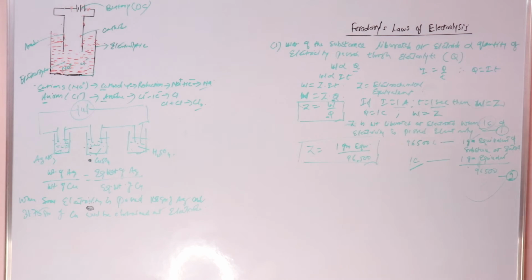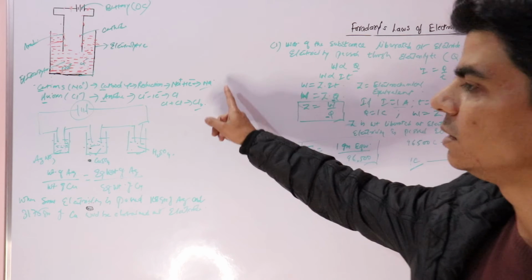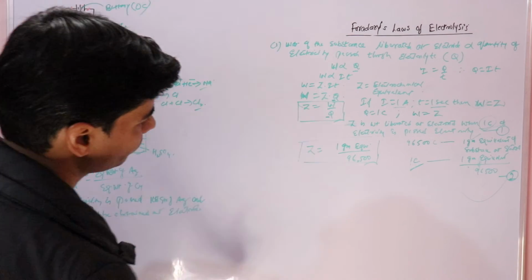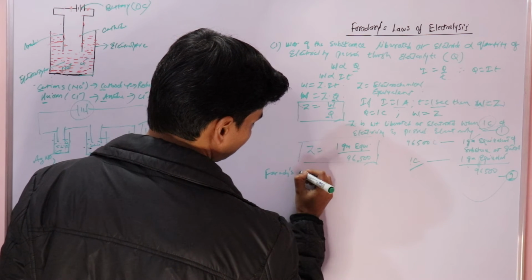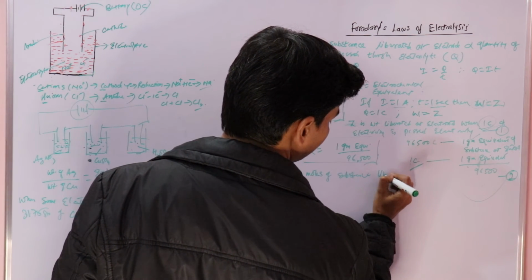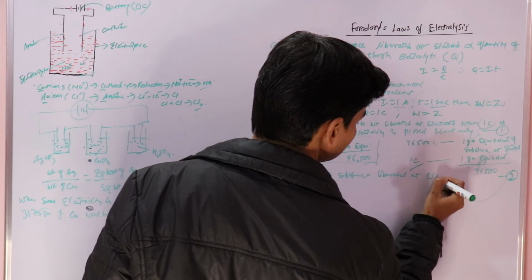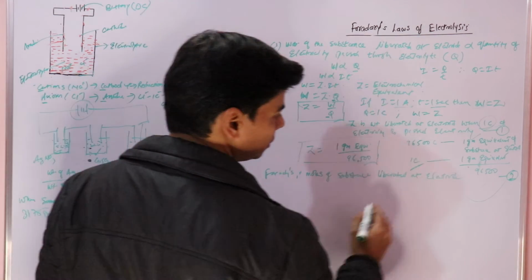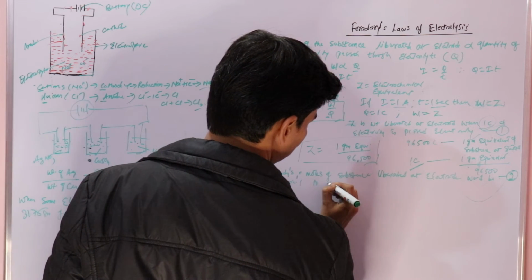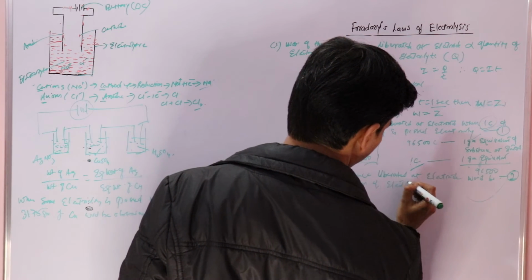So we say that the number of moles of substance liberated or deposited at the electrode would be proportional to the number of electrons exchanged in the electrochemical cell, in this reaction. Faraday's law says that moles of substance liberated at electrodes would be proportional to the moles of electrons passed.